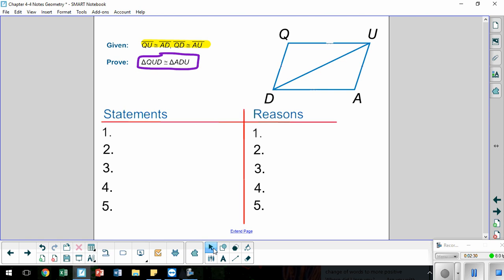First things first, we're going to work on your givens. So your givens are going to be in two lines. You don't always have to do it in two. You can do it in one, but I want you to start looking at it as two lines. So the first one is TV and AB.